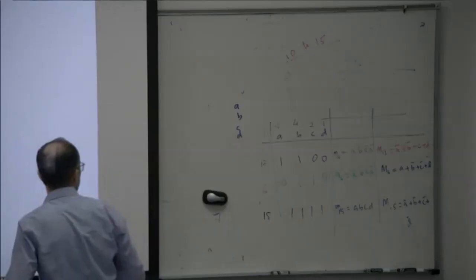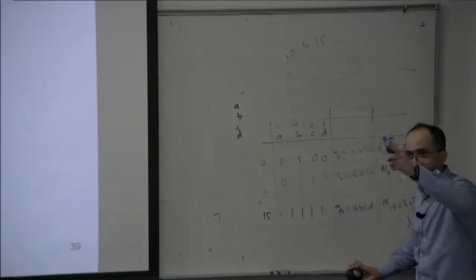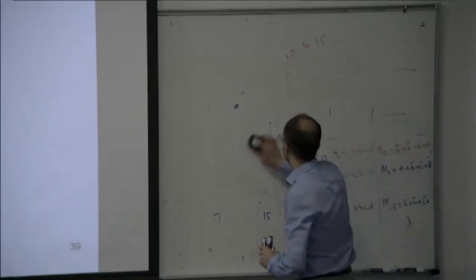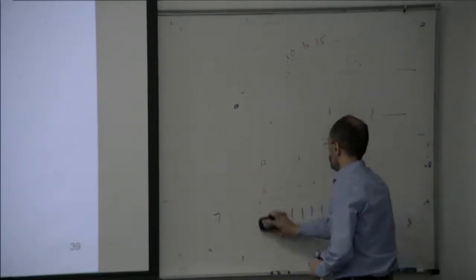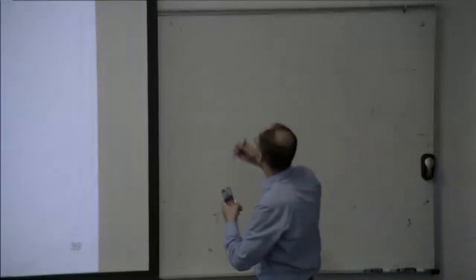Got it? Okay, now should I rub this off? I will now answer your question. For the sake of simplicity, I'm taking a function of 2 variables. What is the function of 2 variables?